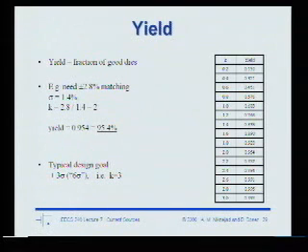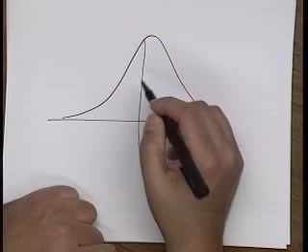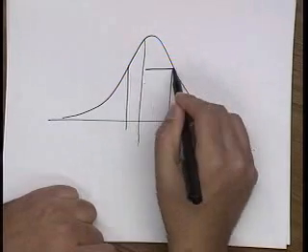Well, if you assume that you have Gaussian statistics, the normal bell curve, then it's very simple. You just look it up in a table, or you calculate with your calculator the area within one standard deviation.